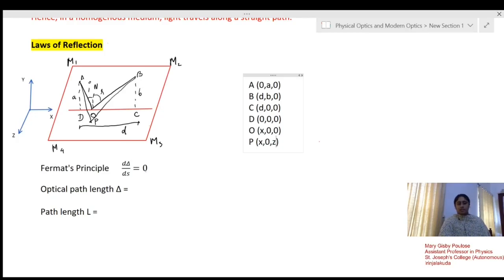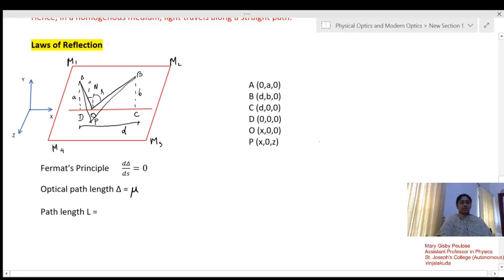In order to use Fermat's principle to derive laws of reflection, Fermat's principle uses the condition d delta by ds is equal to 0, right? So we need to find out what is the optical path length, delta. The optical path length delta is written as the product of refractive index and the geometrical path length. So here I can write mu into, what is the optical path length?